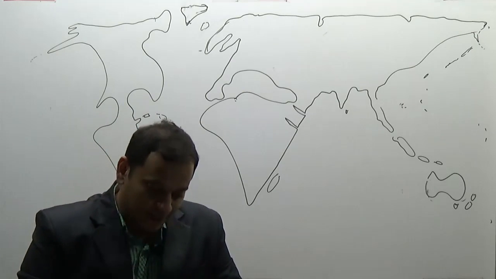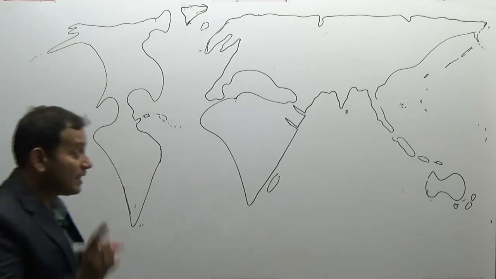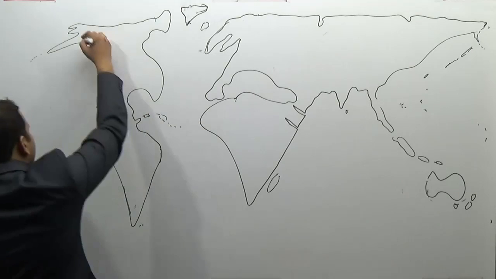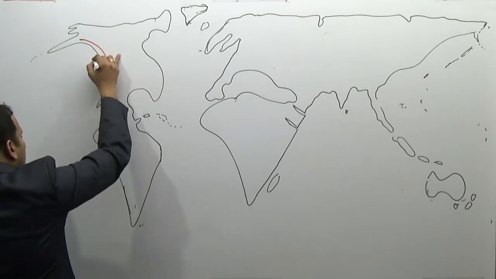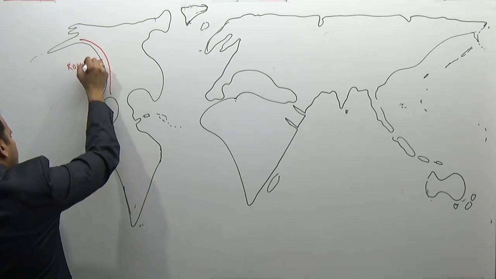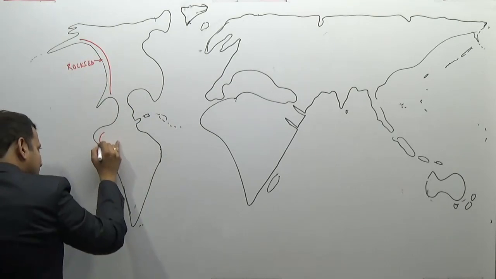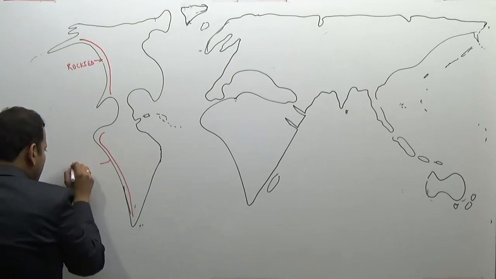Now the first important feature is the major mountains of the world. What are the major mountains of the world? The first major mountain is the Rockies Mountain of North America. The Andes mountain system of South America.